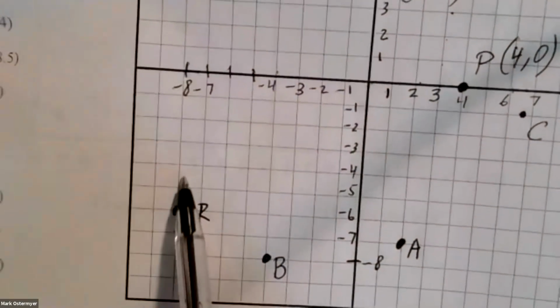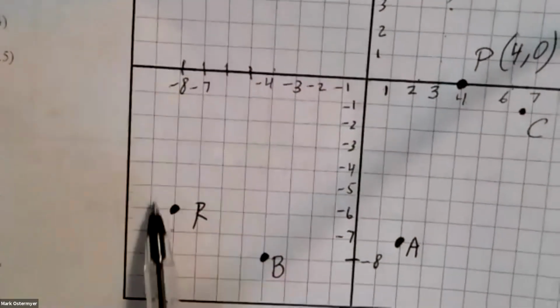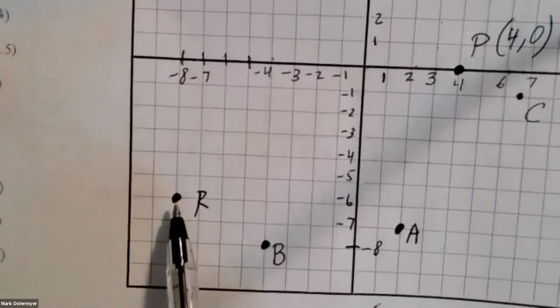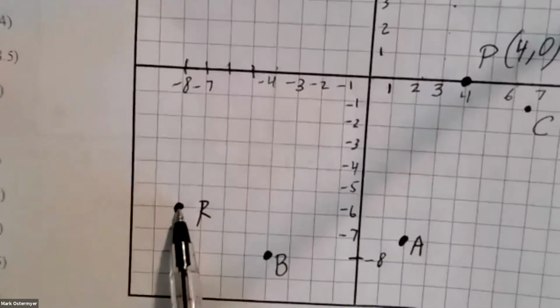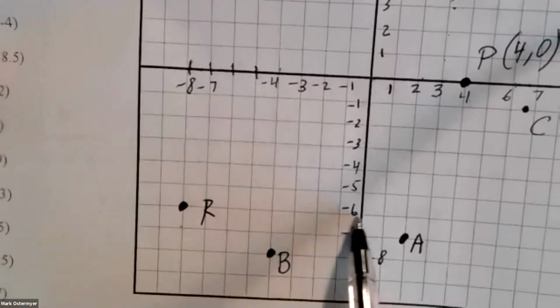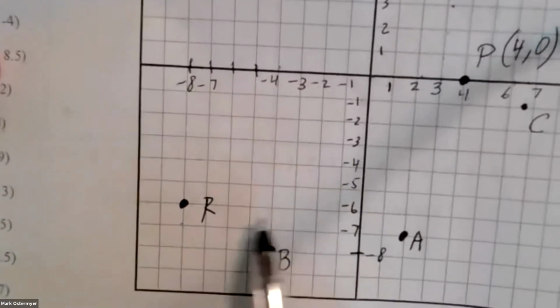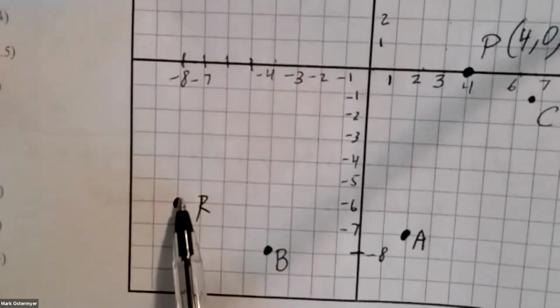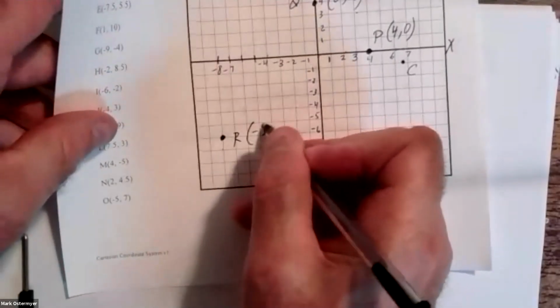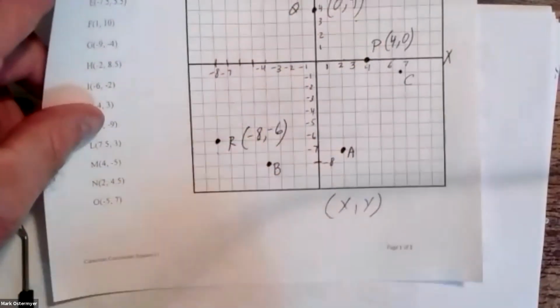Project this up to the x-axis. What does it hit? -8. Now project it to the y-axis. What's the y coordinate? -6. So this point here has an x coordinate of -8, and it has a y coordinate of -6. So this point R would be -8, comma, -6.